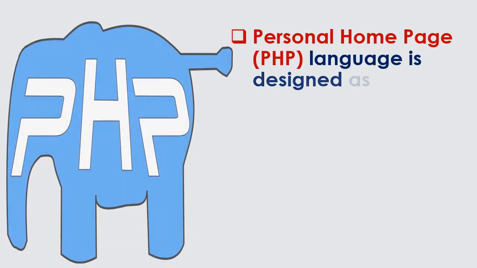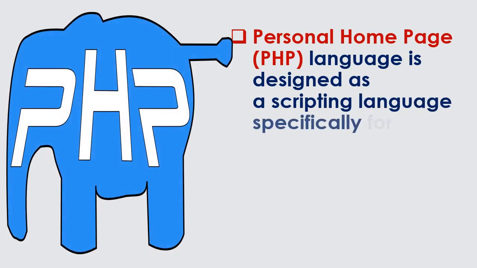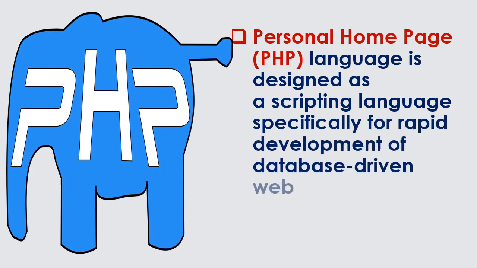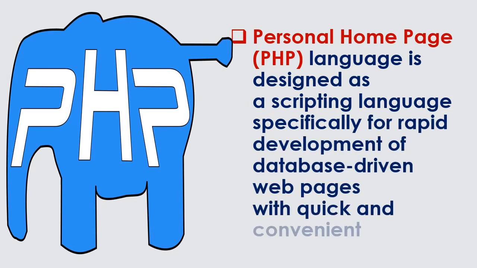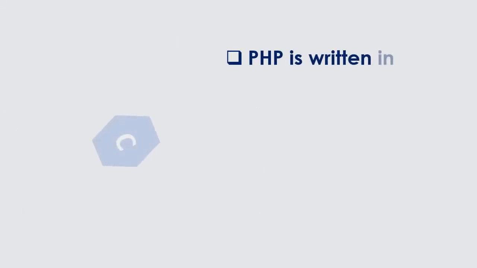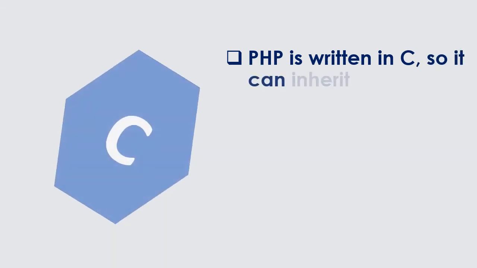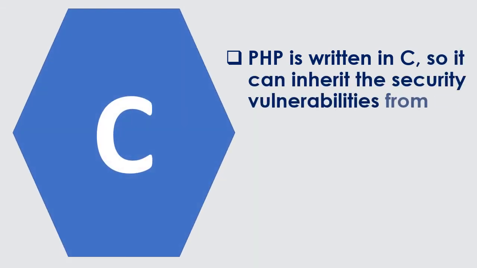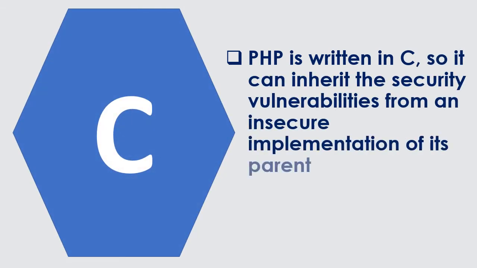Personal Home Page, PHP, is designed as a scripting language specifically for rapid development of database-driven web pages with quick and convenient database access. PHP is written in C, so it can inherit the security vulnerabilities from an insecure implementation of its parent language.